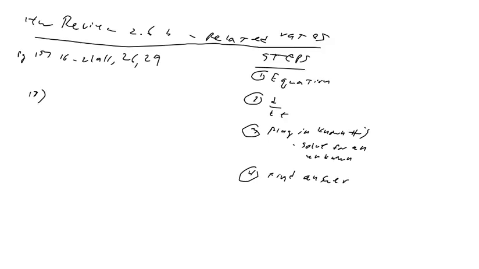So 17. Number 17 asks us about a sand and gravel plant. Sand is falling off a conveyor onto a conical pile. So, helpful drawing, right?